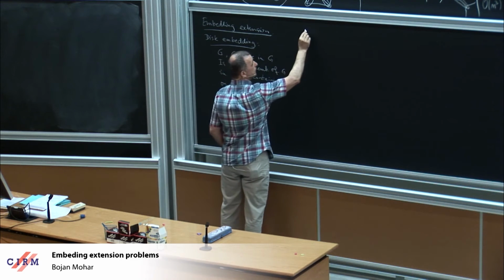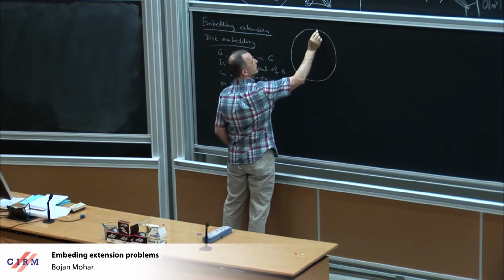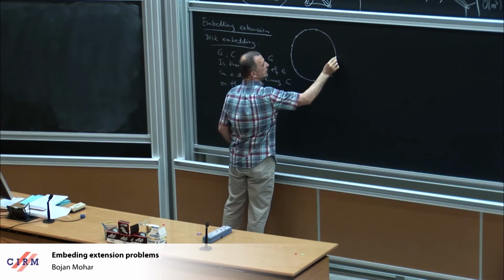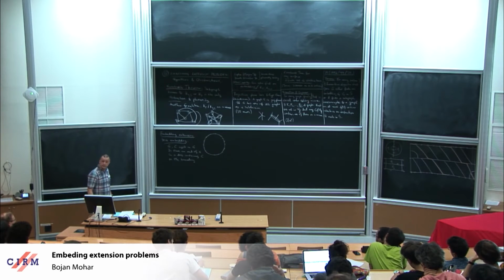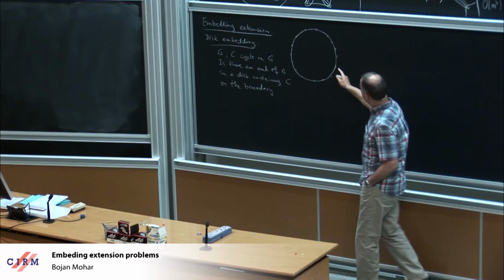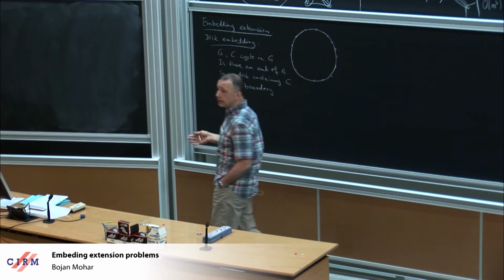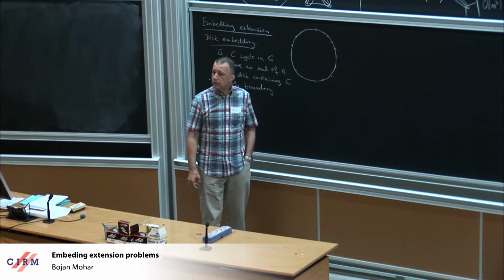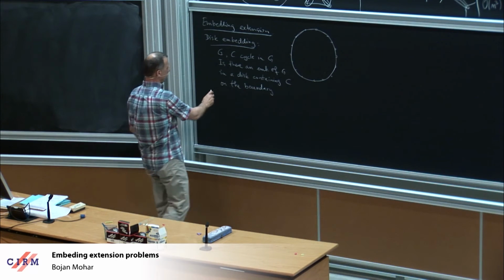So you draw your cycle C. Well, let me just do the circle. There are possibly many vertices of C, and you wonder if you can draw the rest of the graph inside. So that's called embedding extension, because I give you an embedding of a subgraph, and I ask, can this embedding be extended?